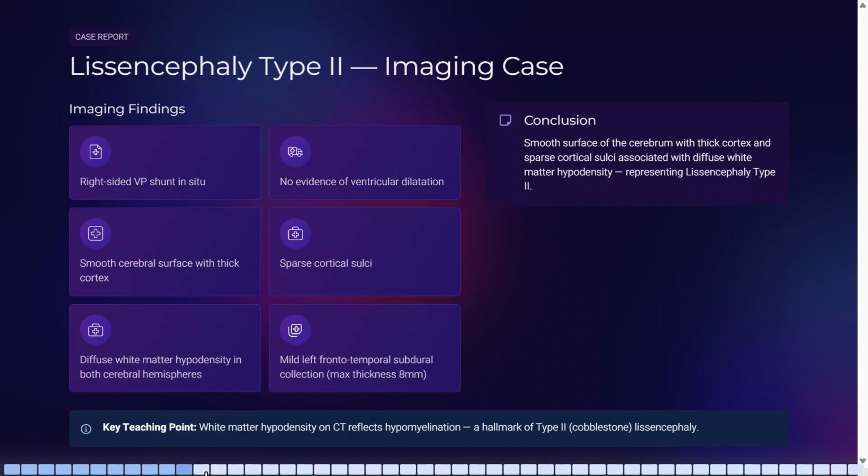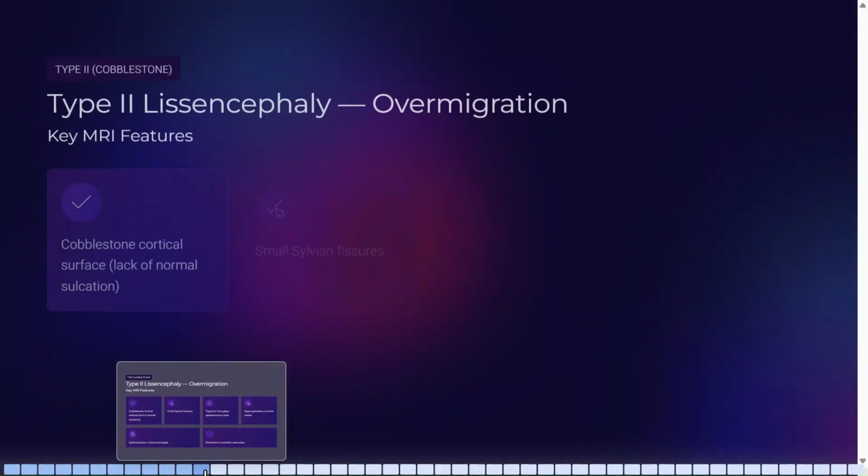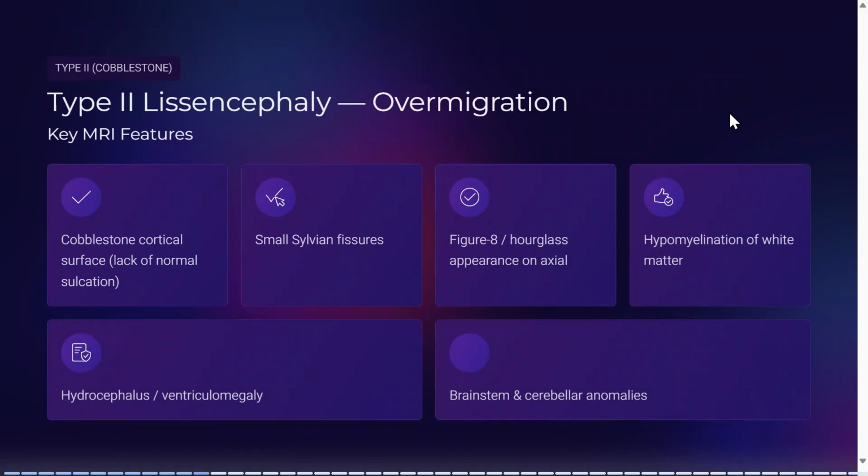And for type 2 Lissencephaly, these are the key features that we need to know: it is due to overmigration, with a cobblestone cortical surface, lack of normal sulation, the Sylvian fissure will still be small, hourglass appearance is there, hypomyelination is there, ventriculomegaly can be seen but is less common than type 1, and brainstem and cerebellar anomalies can occur.